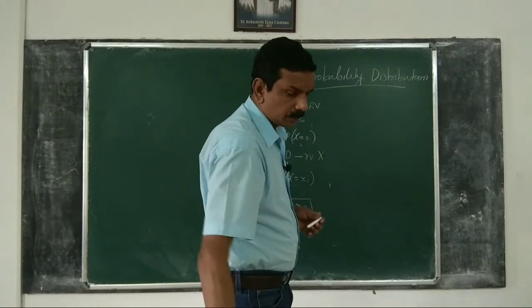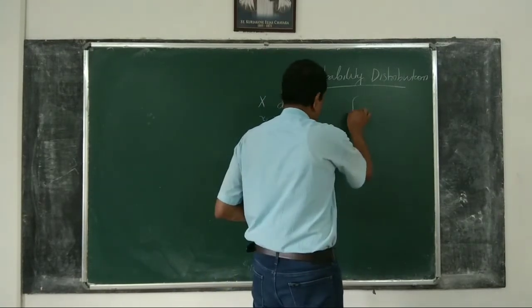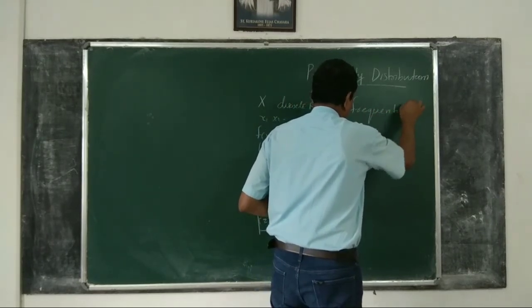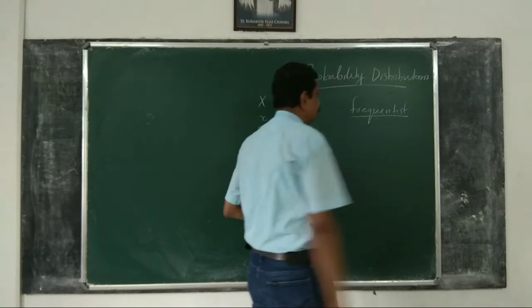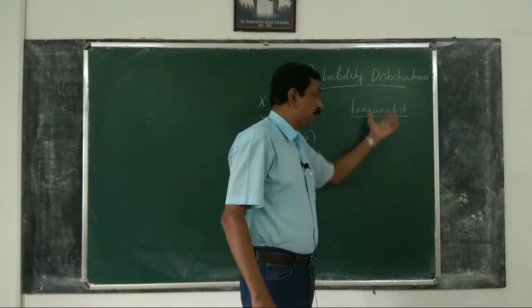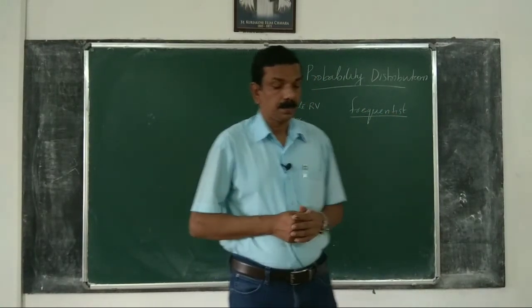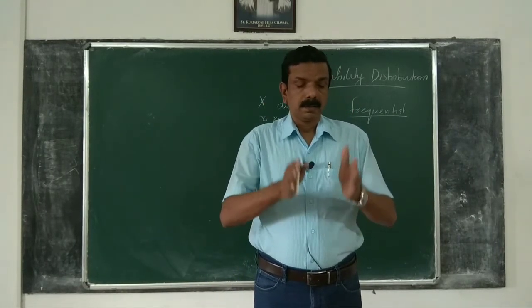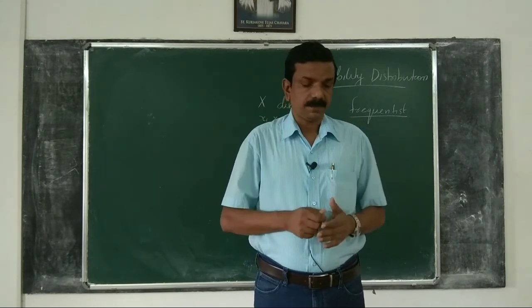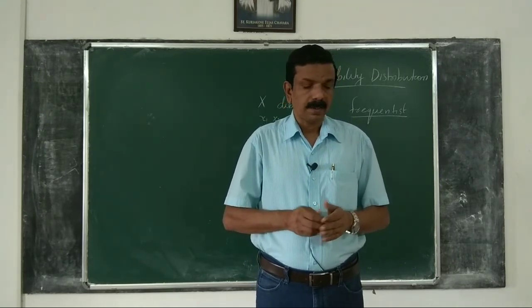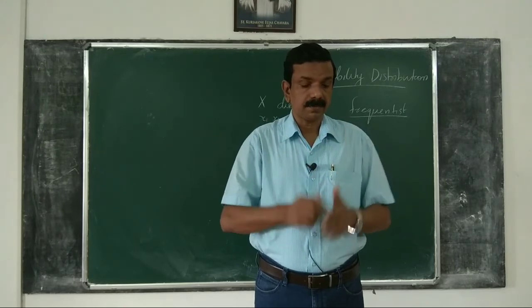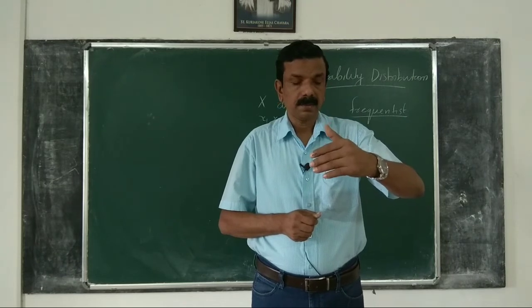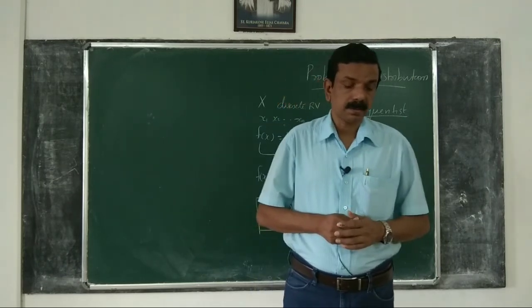The one which is useful for our purpose is the frequentist interpretation of probability: the probability of an event is the proportion of time it occurs in a large number of independent repetitions of the experiment.